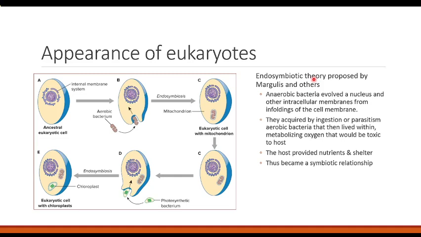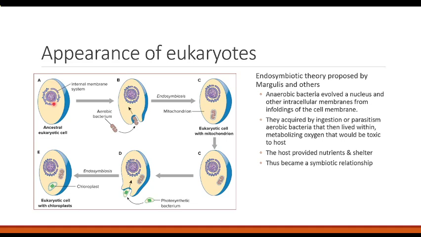That means they don't have a membrane-bound nucleus, and they evolved a nucleus from intracellular membranes and enfoldings of the cell membrane. So you have this ancestral eukaryotic cell, and somehow they started to evolve an internal membrane system.